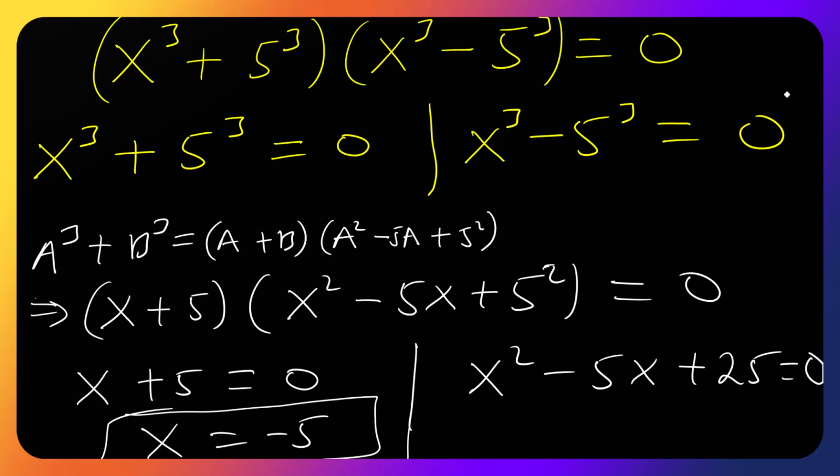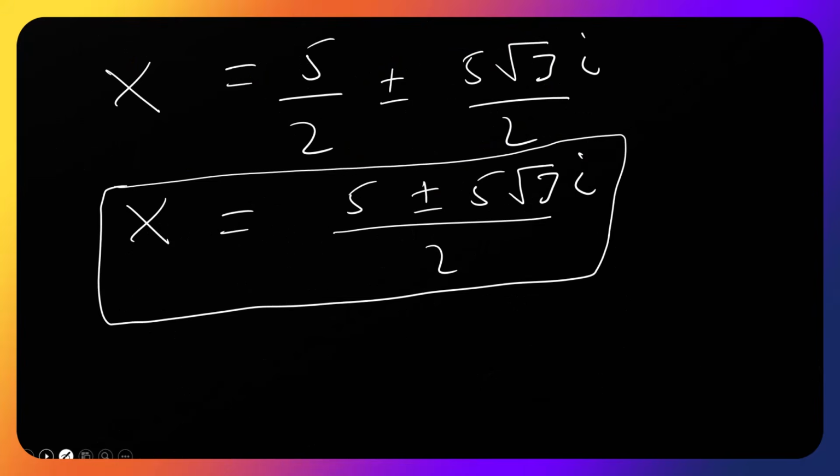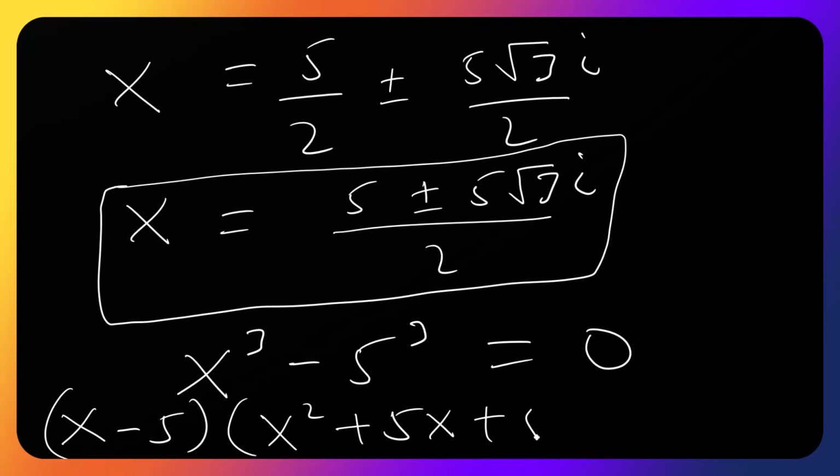Let's pick x cubed minus 5 cubed equals 0. This becomes the difference of cubes, which is the same as x minus 5 times x squared plus the product of 5 and x plus 5 squared.